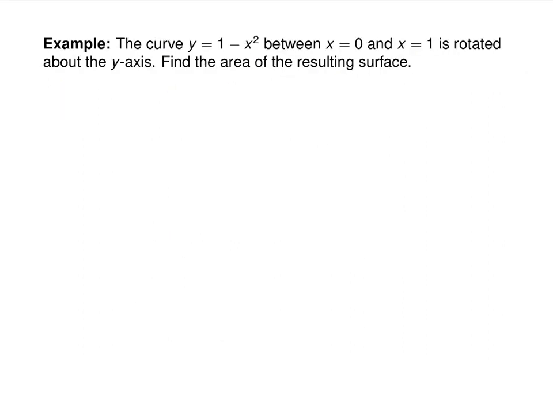So now let's rotate something about the y-axis. So we're going to rotate y equals 1 minus x squared between x equals 0 and x equals 1 about the y-axis.